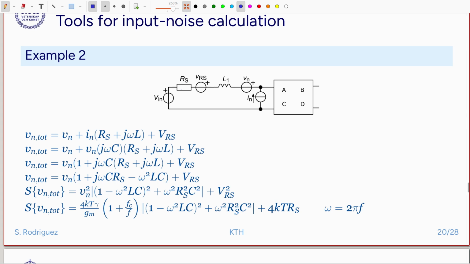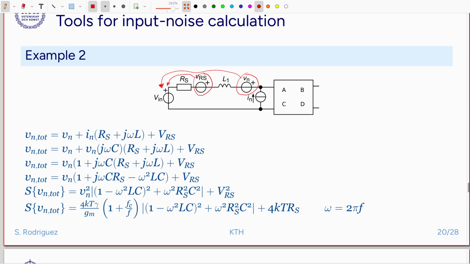So let's try to do some input referred noise calculations here. We see almost directly this is in series, so I can already move this one towards the input. There is nothing I need to do with this voltage source. The noise of the source resistance is also in series, so I can move it directly towards the source. There is nothing I need to do.